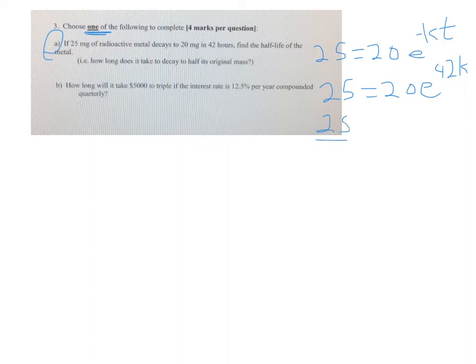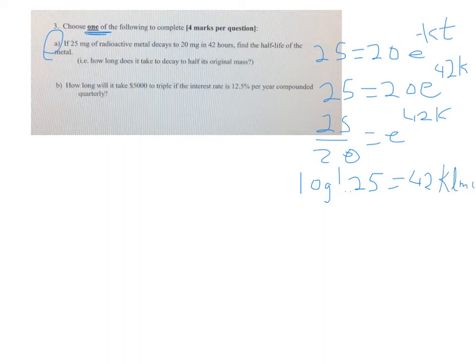So we have 25 over 20 equals e to the 42k. And so if we take logs of both sides, we would have ln of 1.25 equals 42k ln e.